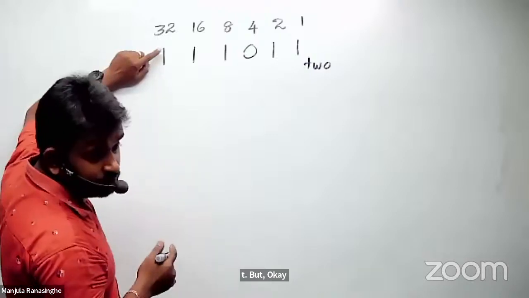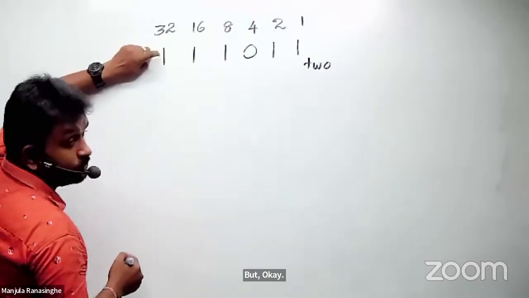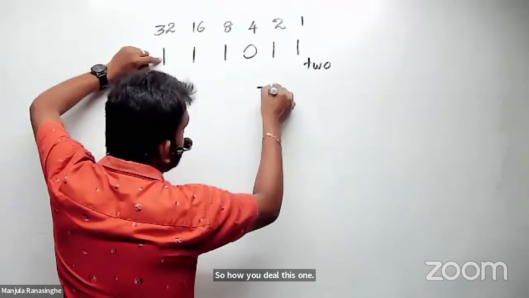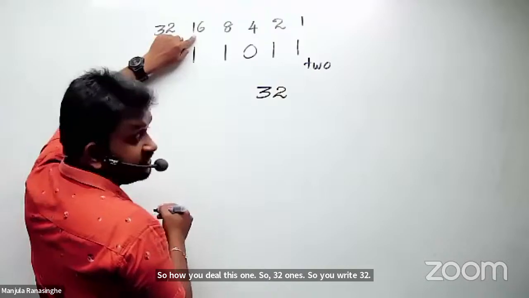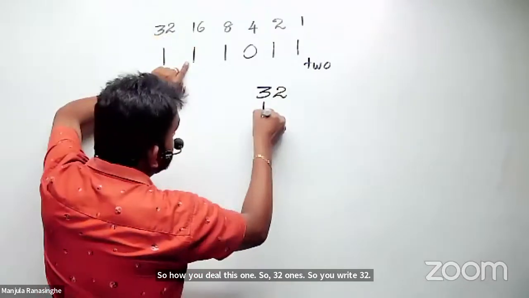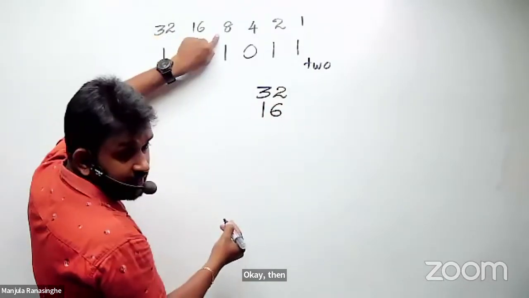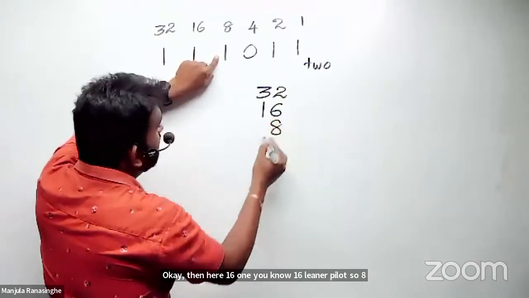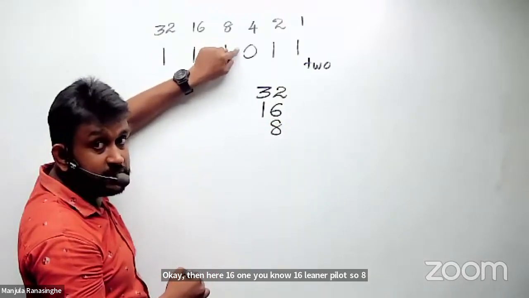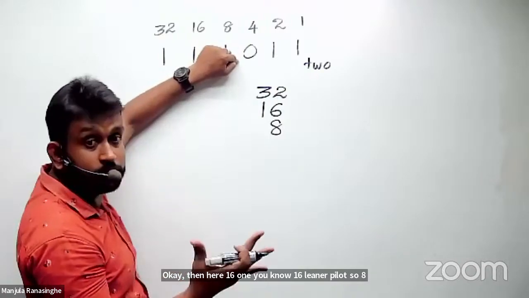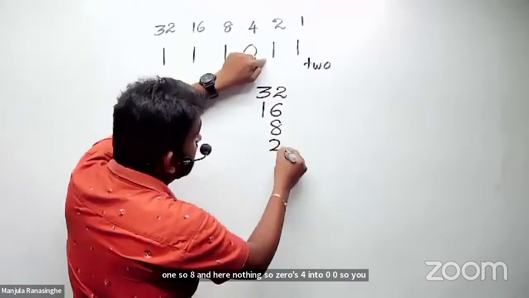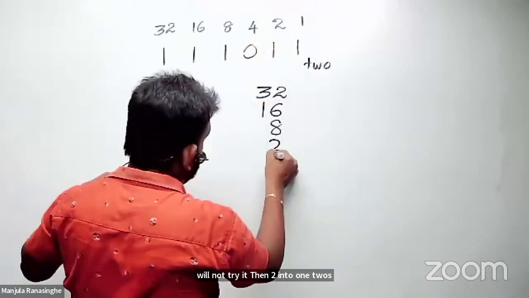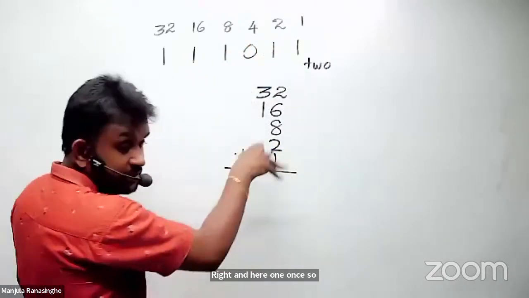So how do you deal with this one? So 32 is 1, so you write 32. Okay. Then here 16 is 1, write 16 below. So 8 is 1, so 8. And here nothing. So zero, 4 into 0 is 0, so you will not write it. Then 2 into 1, 2. Right. And here 1 is 1, so 1. So you can add up in the same method.